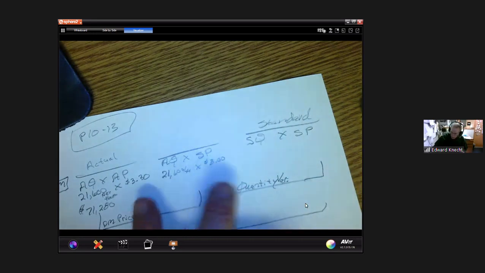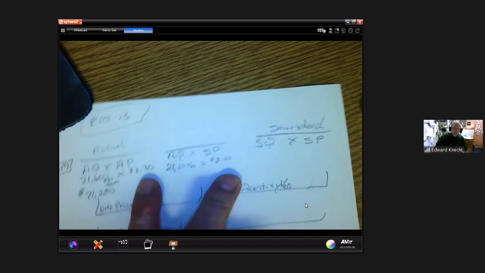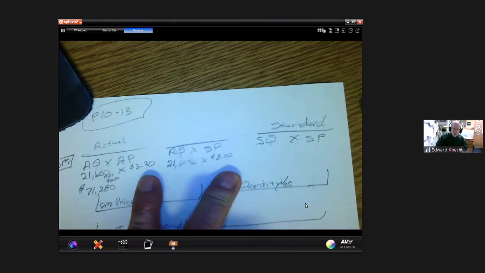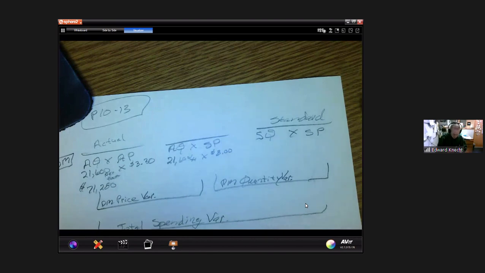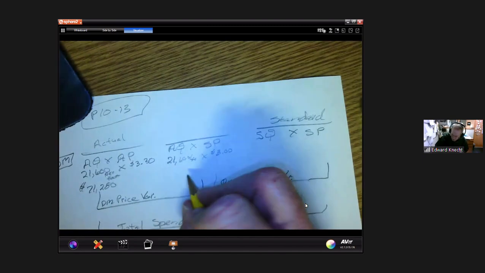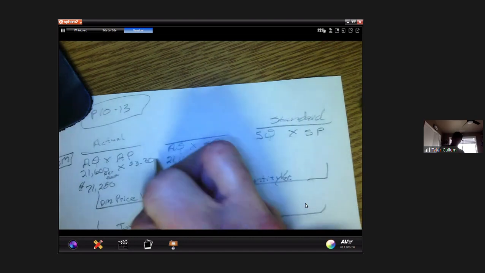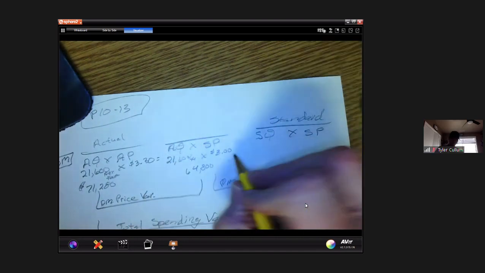So we know we got a 30 cents unfavorable variance, do we not, per board foot? So you take your 21,600 actual quantity times $3. So do you get 64,800? Yes, sir. Very good. Looks easy, doesn't it?